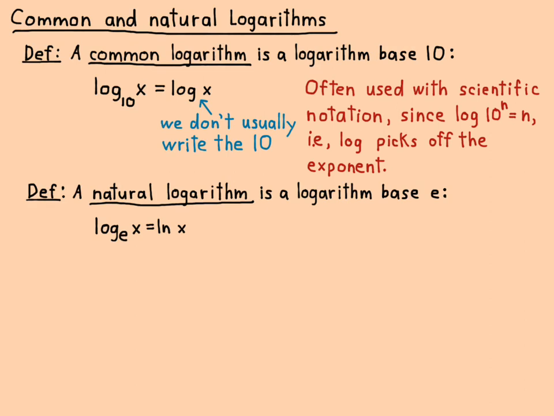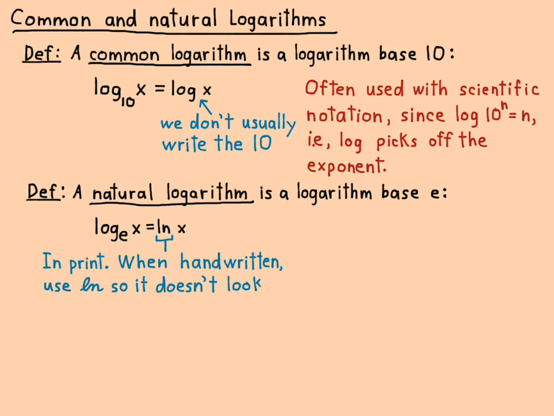It's called natural because it naturally comes up in physical situations, and it's the one that's most natural to use whenever you're doing calculus. And you'll see why if you take calculus. You'll really appreciate ln. The natural log works out really nicely.